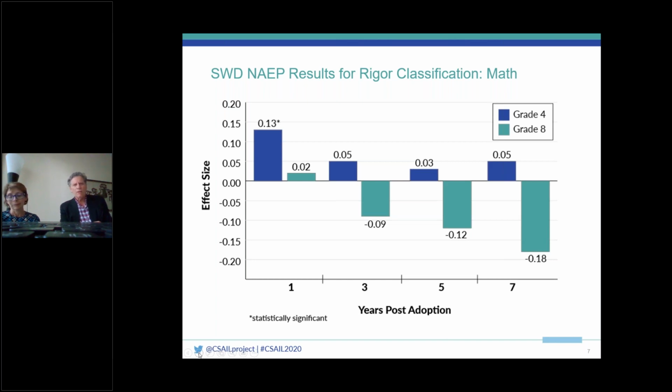And if you look at the green bar, as we go from 1 year post-adoption to 7 years post-adoption, there's a non-significant but suggestive trend that as the years go on, for students with disabilities, the presumed effect, these are correlational data, but the presumed effect of standards might be contributing to poor rather than hoped-for better performance.